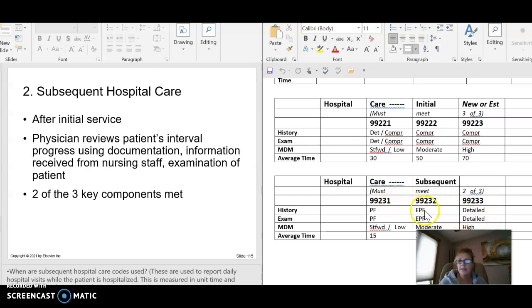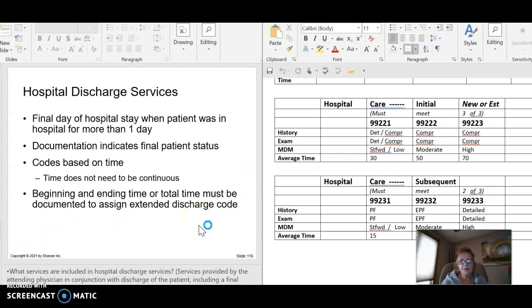If a patient came in and had an expanded problem-focused history, a detailed exam, and high decision making, I can code a 99233, because I only need 2 out of 3. Even if my history was way down here and I had the exam and medical decision making up here, I can still code a 99233.